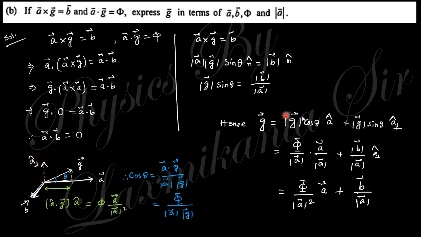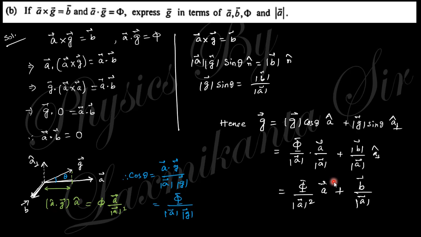So g can be expressed in two terms: g cos theta a cap, and g sin theta a perpendicular. So g cos theta is nothing but φ by mod a, and a cap is a vector by mod a, and g sin theta is b vector by mod a.